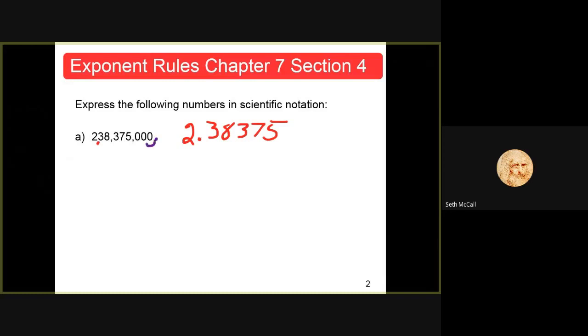It was 1, 2, 3, 4, 5, 6, 7, 8. It moved 8 places. So we're going to go back to our number we wrote, and write times 10, and it's going to be to the 8th power. Thing to double check: the number we started with was a very large number. Therefore, the exponent on the 10 is a positive number.